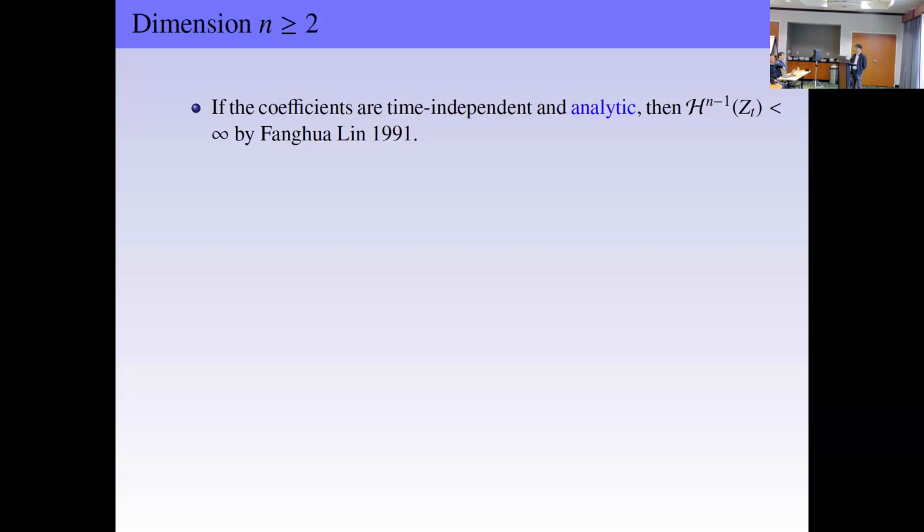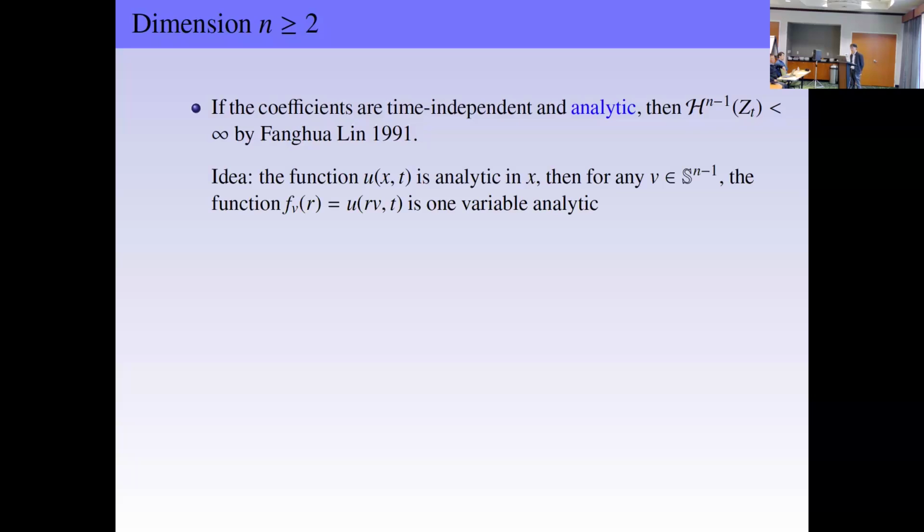So let us discuss a bit about his idea of the proof. Since all coefficients are analytic, the solution u(x,t) is also analytic in the space variable, but not in the time variable.